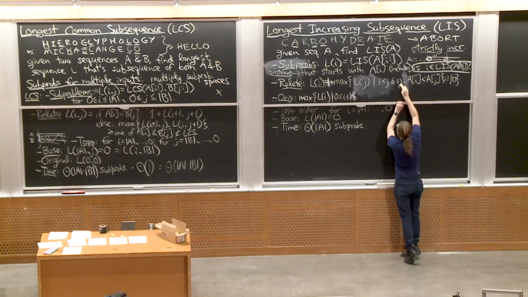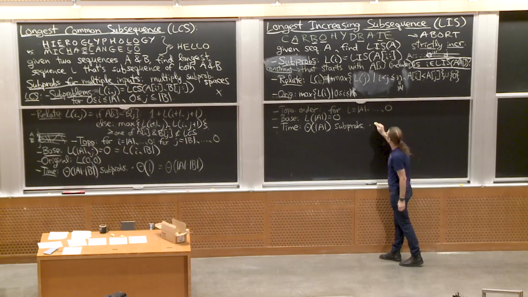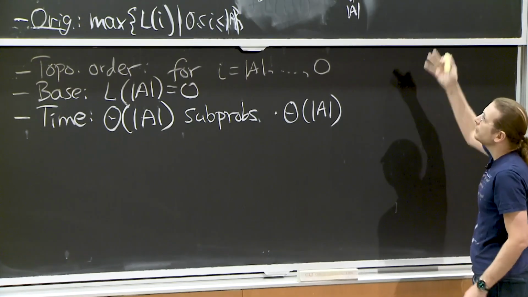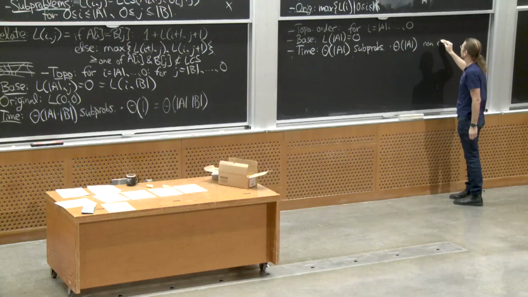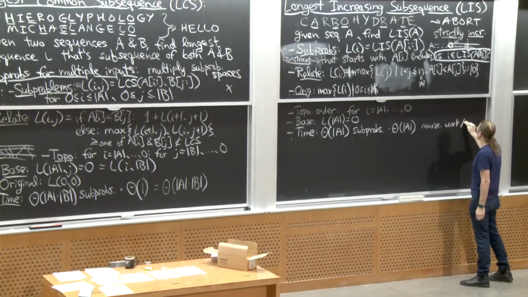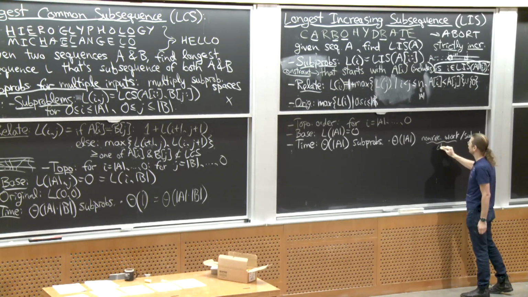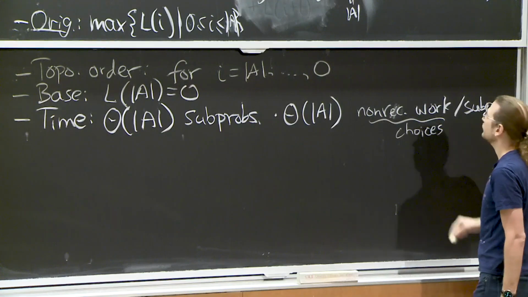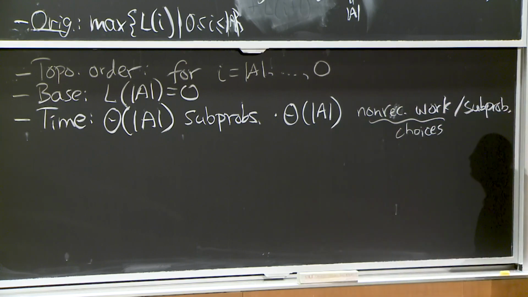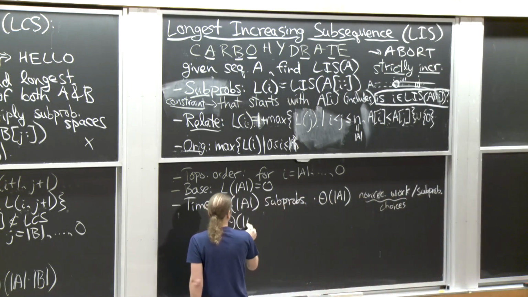This n here is length of A. And so we have theta length of A non-recursive work that we're doing in each subproblem. Or you might think of this as choices that we're considering. And for each choice, we're just taking a max of those items, adding 1. So that's a constant overhead. And so we just get this product, which is length of A squared.